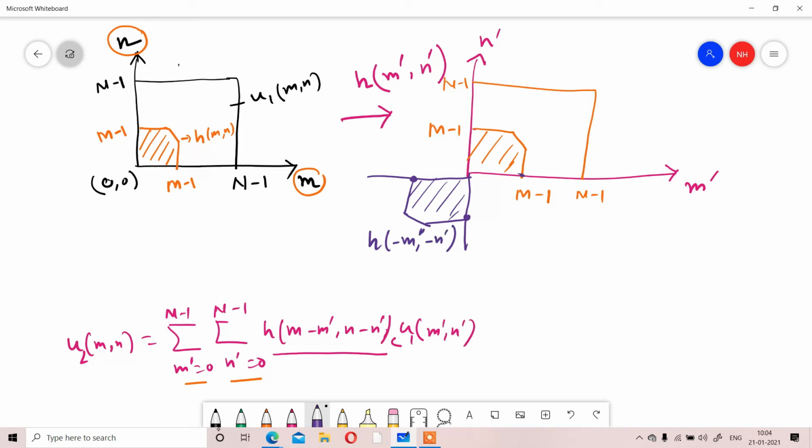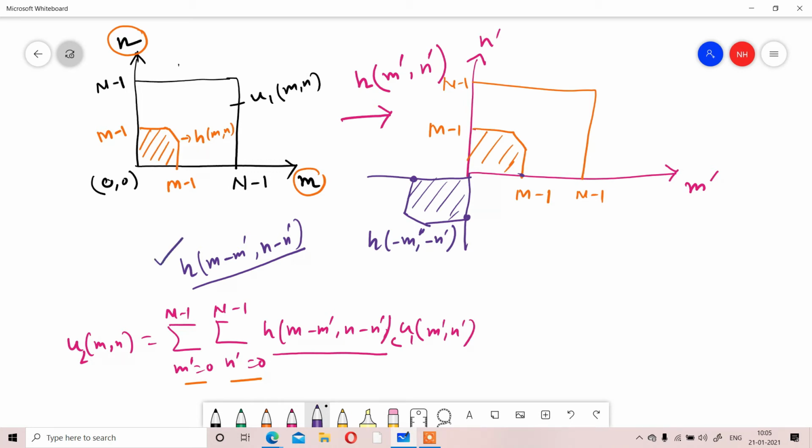Okay, now you have the expression h of m minus m', n minus n'. Simply I am trying to calculate that expression, not the circular convolution.